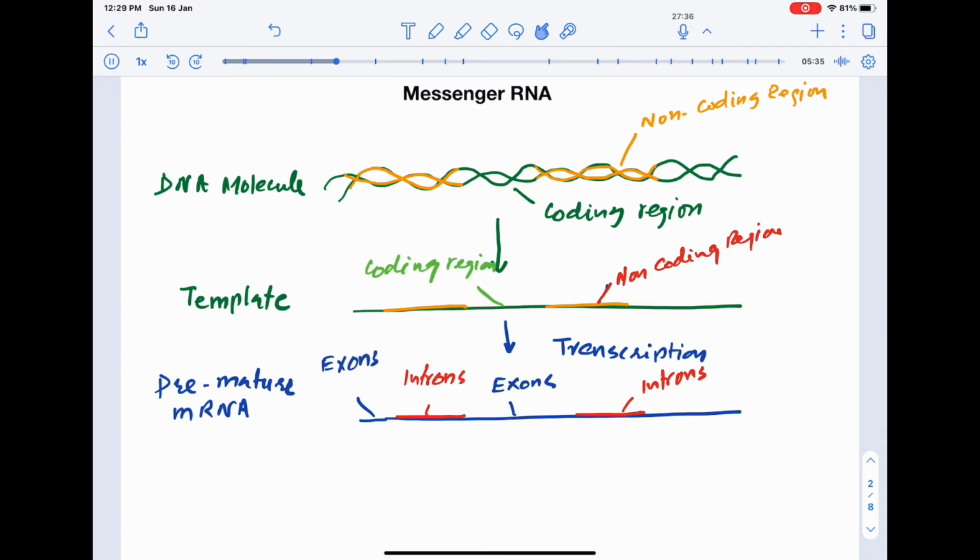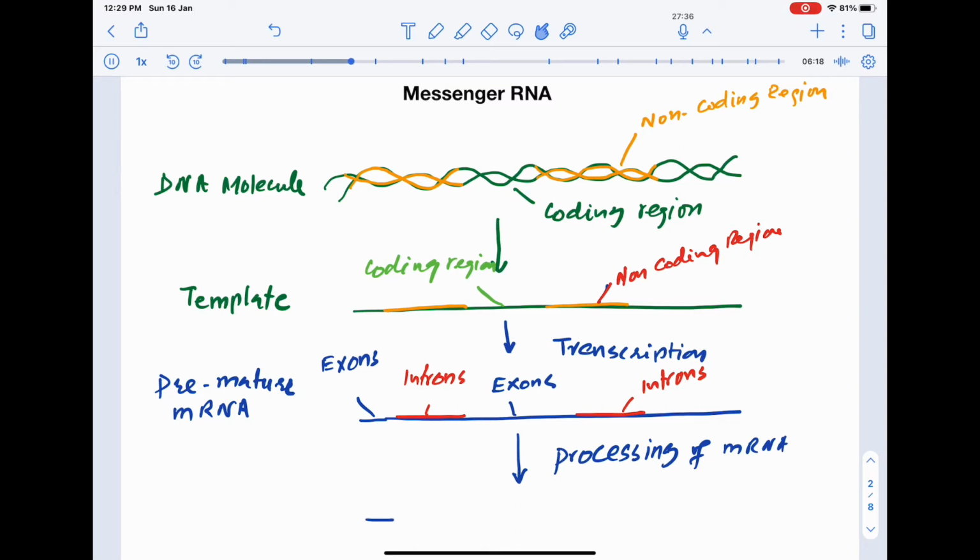Before mRNA comes out of the nucleus, it undergoes mRNA processing. One of the processes during the maturation of mRNA involves removal of introns and rejoining of exons together.